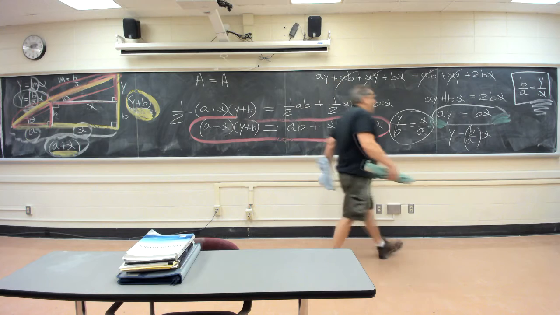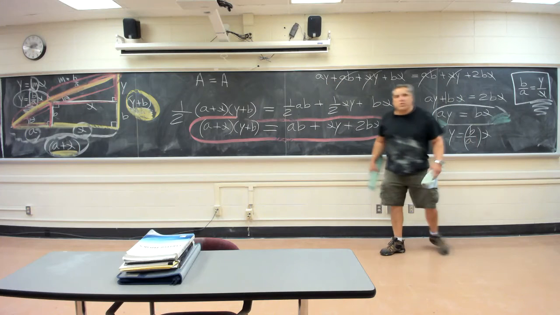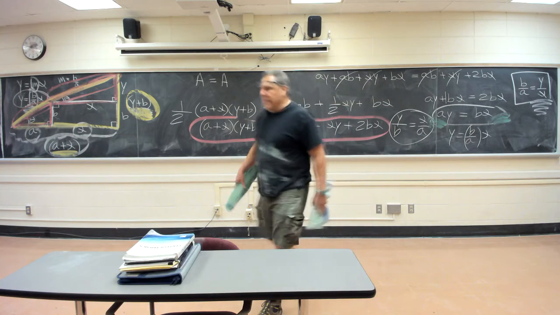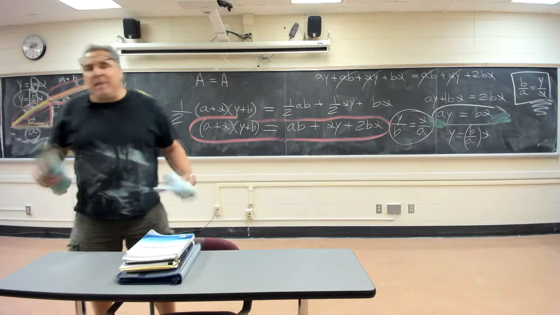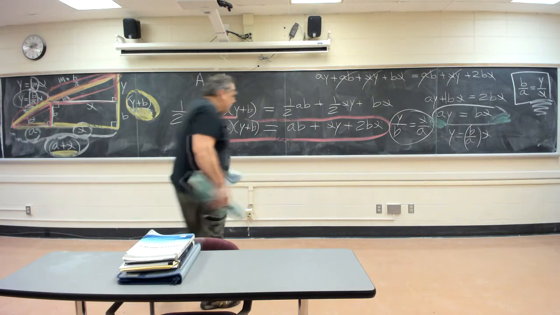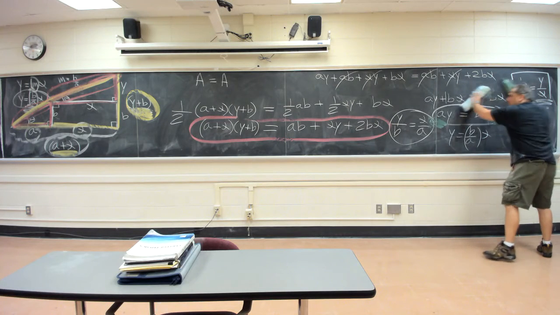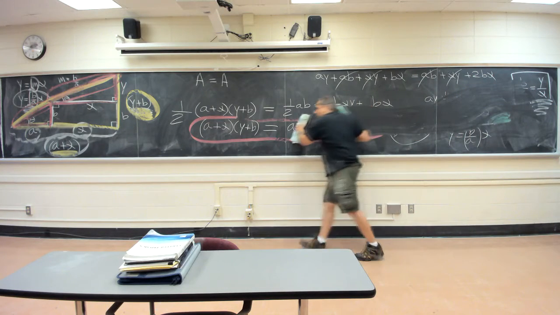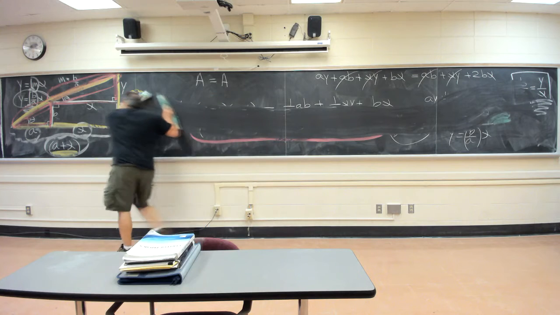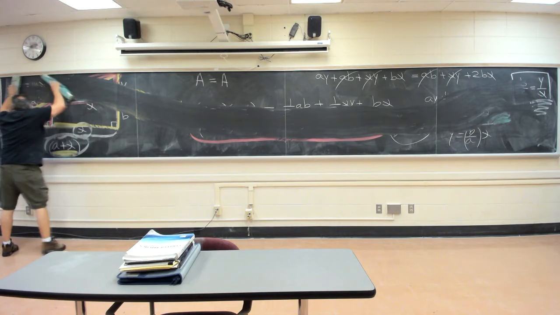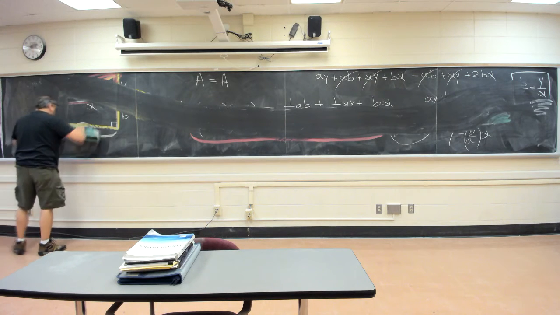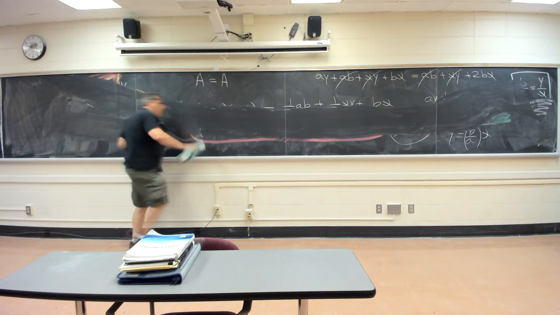How does that work? Remember, I told you you can always break up any triangle into two right triangles, and maybe that makes our math a little bit easier. So let's see how that works out. Give you a couple looks at this.